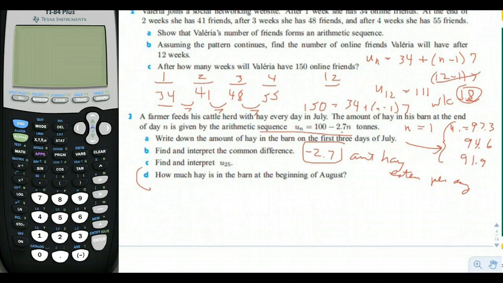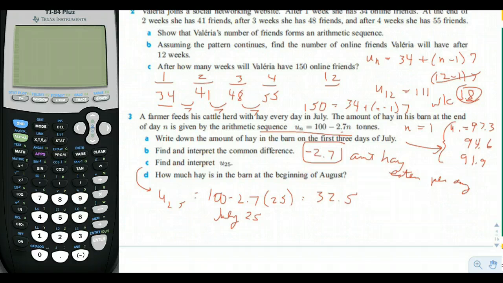Okay, U25 would be 100 minus 2.7 times 25, which would be 32.5. So that would be the amount of hay after 25 days, I think July 25th, right?